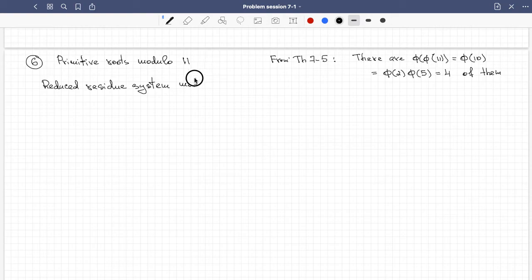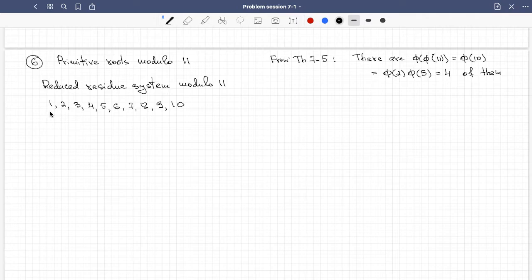Modulo 11, all positive integers smaller than 11 relatively prime to 11, which are all positive integers smaller than 11: 1, 2, 3, 4, 5, 6, 7, 8, 9. We know for sure that 1 and 10 are not primitive roots.